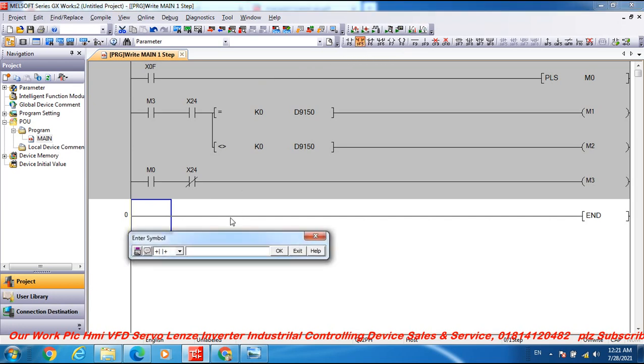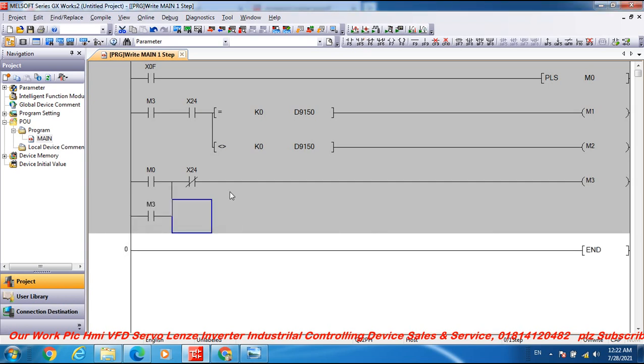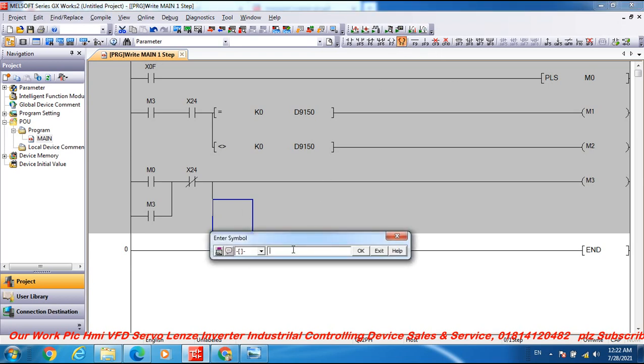Latching M3 is the latching, and vertical line, and application instruction MOVP K6000, means 16 hertz frequency, 16 hertz.